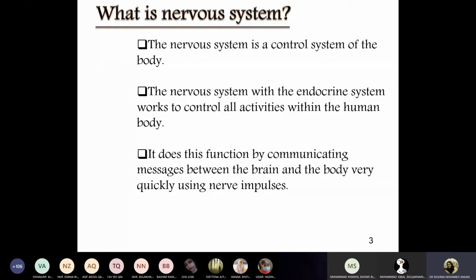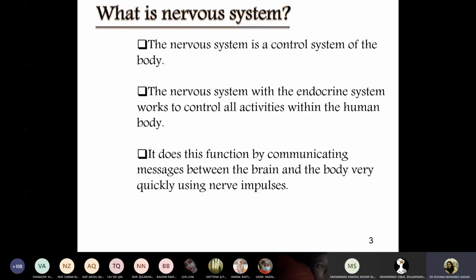So how does it do this function? It communicates messages between the brain and the body very quickly using nerve impulses. For example, if I place my finger in the fire, the pain impulses are transmitted through the nerve to the spinal cord, then to the brain, and then the brain tells my spinal cord to take my hand away from the fire.